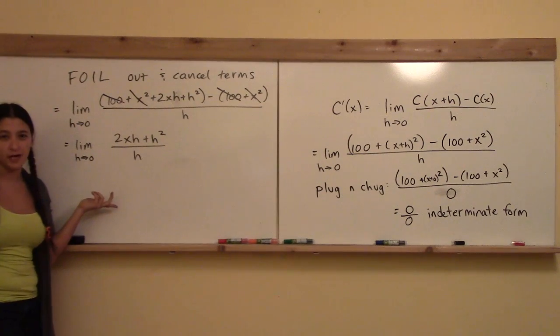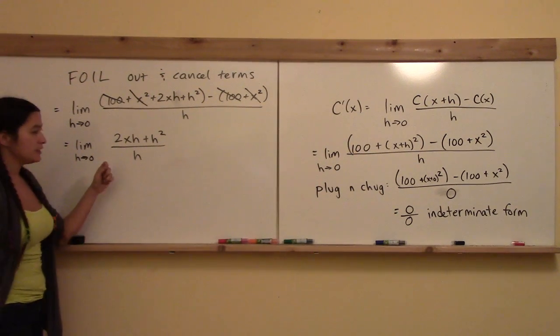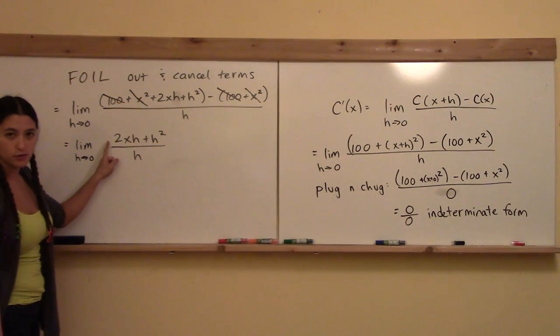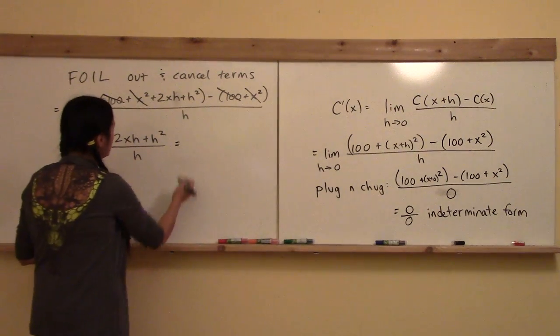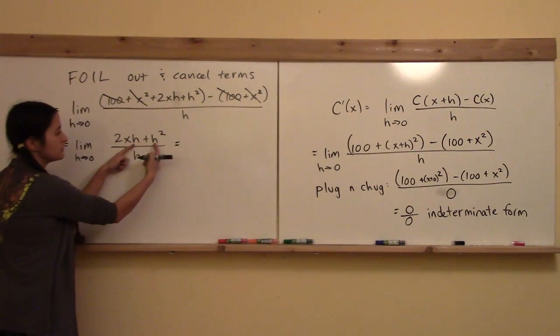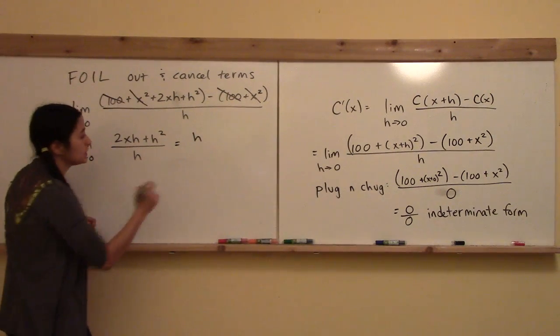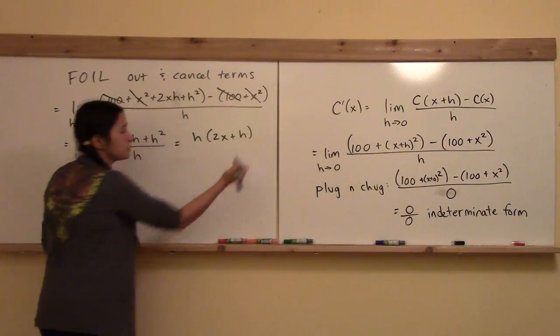Remember, it would be great if I could get rid of that pesky divide by 0 on the bottom. Can you guys see a common factor of h in both of the terms on the top? That's why factoring is so important when we do this math here. There's an h here, there's an h there, so I'm going to rewrite the numerator with one of the h's taken out. And on the inside, 2x plus h to the first power.